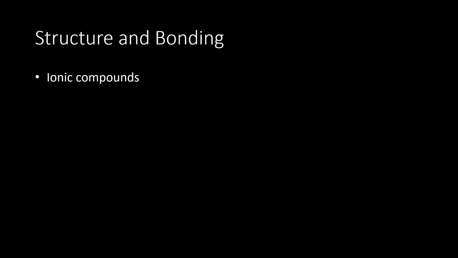Let's deal with structure and bonding. Now, I'm going to leave it to the audience. Can anyone write down 3 ionic compounds, please? Based on the group they're in, make sure there's a correct ratio of atoms for the cation and the anion, as in this would be incorrect, wouldn't it?